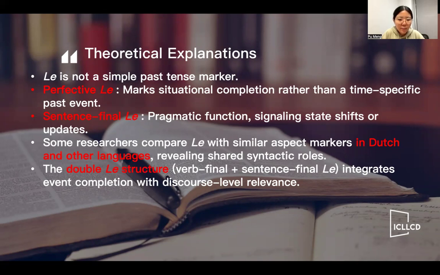Some researchers compare le with similar aspect markers in Dutch and other languages, revealing shared syntactic rules. There is also a very specific structure, the double le structure, which means there are two le in the same sentence. The first one is after the verb, and the second one is at the end of the sentence. It integrates event completion and discourse-level relevance.